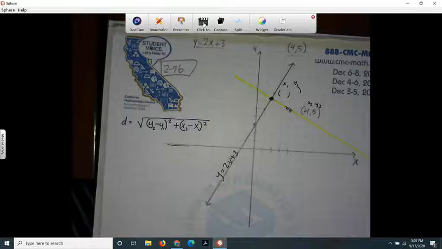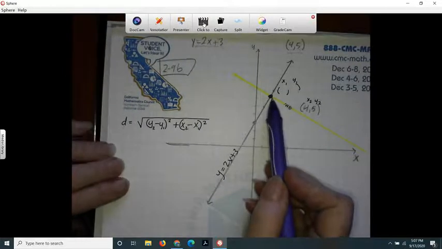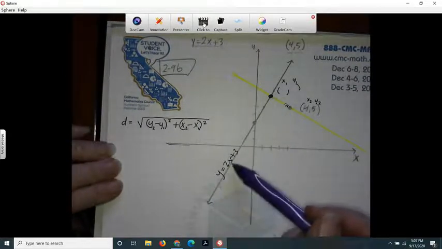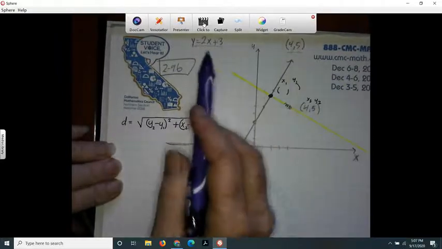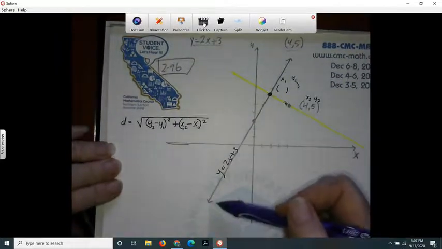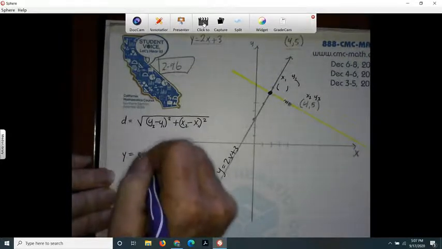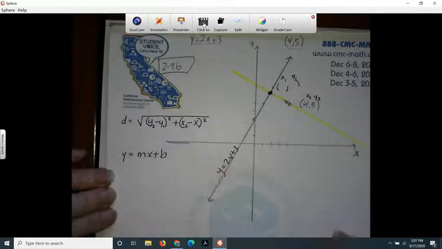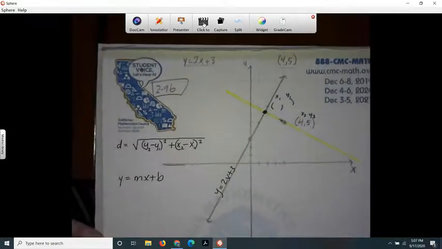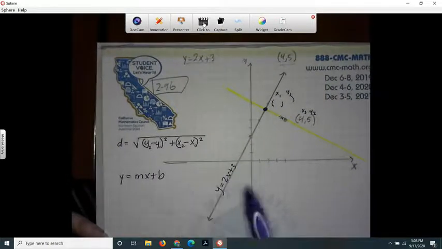The yellow line is going to have a slope that is perpendicular to the existing line. So we know that we can do that like this: y = mx + b. We did this part in class, and it got a little messy. We know the perpendicular slope is going to be the opposite reciprocal.